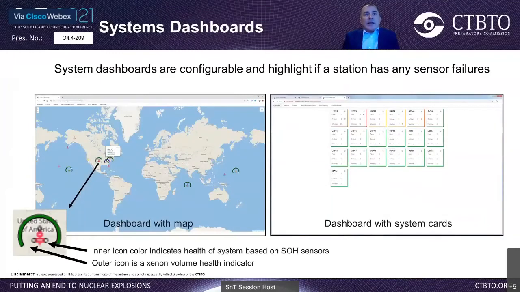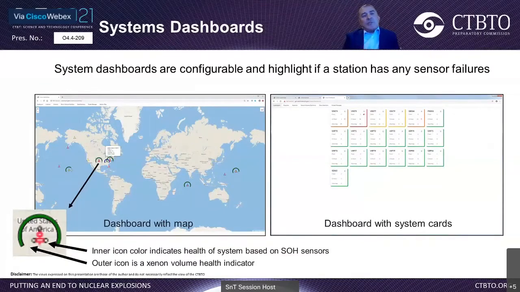So the unit provides some dashboards, and this is where operators can look at a station and understand what's going on. On the left, what you see here is a map, and I've highlighted an icon.